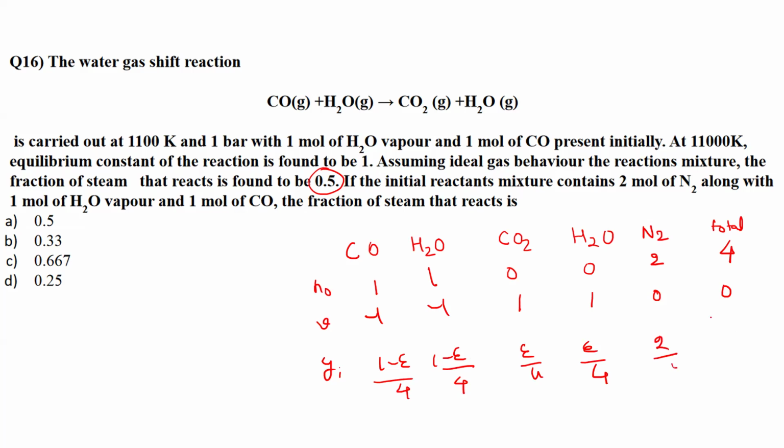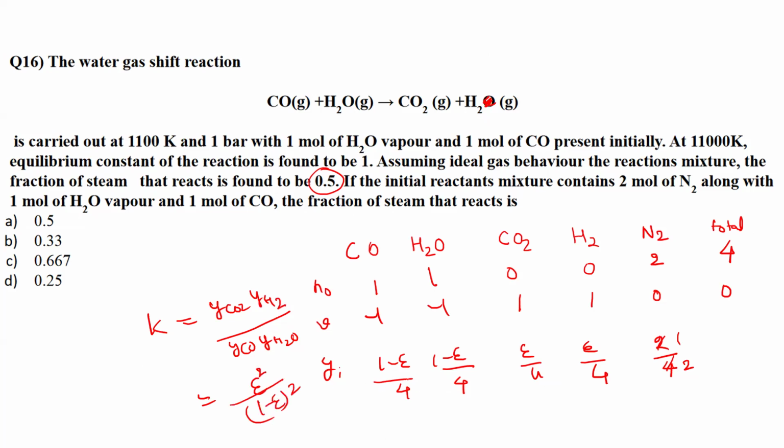Okay. But when I go for writing this, K equals yCO2 yH2 by yCO yH2O. If I go for this, then what will I have? The same thing. This will be epsilon square by 1 minus epsilon square.